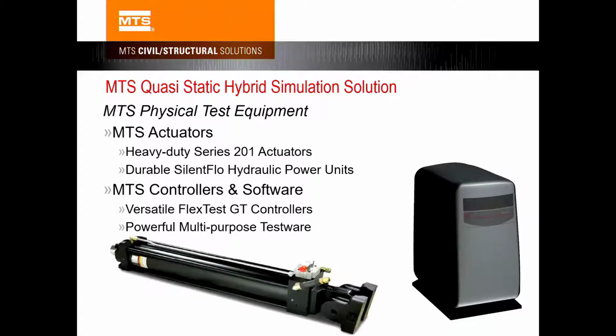And that's software. For hardware, you definitely need an actuator and controller. But for slow, quasi-static hybrid simulation, the actuators do not need to be that fast. For that reason, you can save a lot of money by buying a slow actuator like this with a small servo valve.